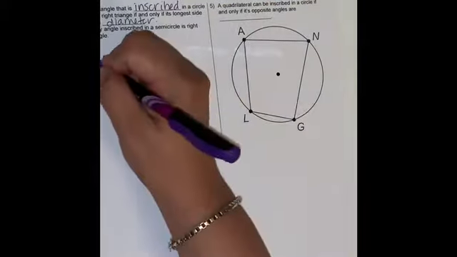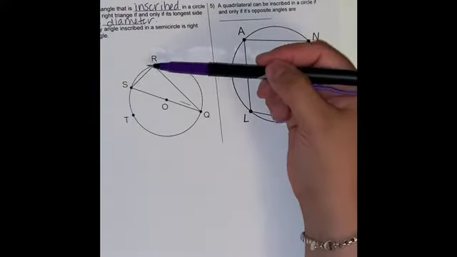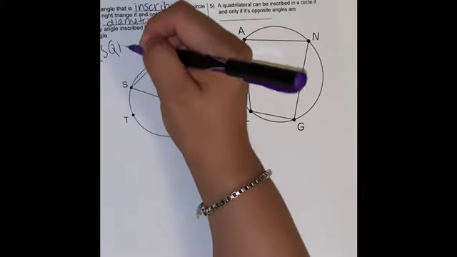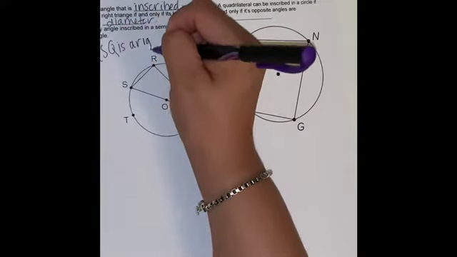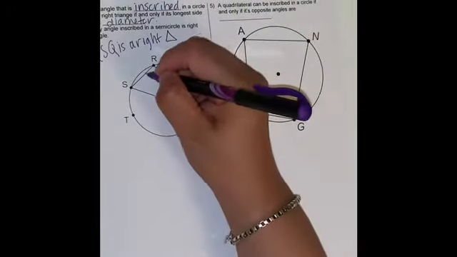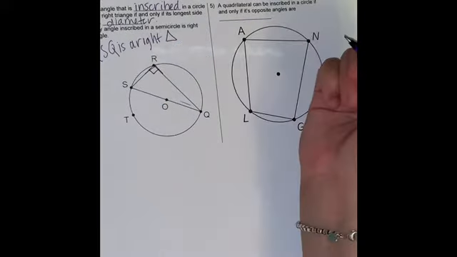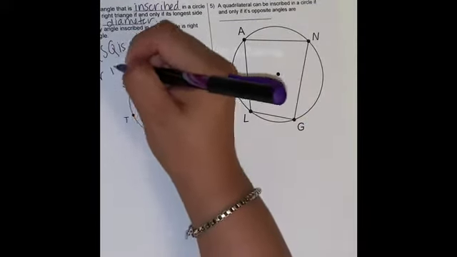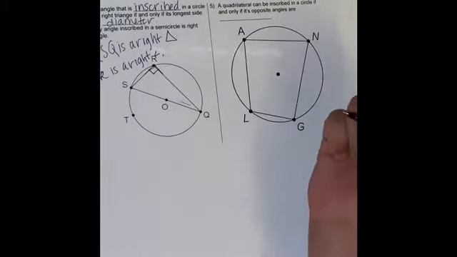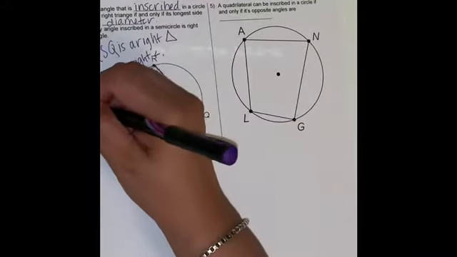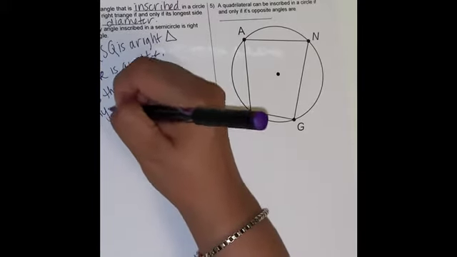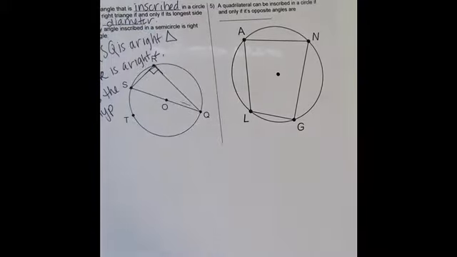So that means triangle RSQ is a right triangle, and angle R right here is a right angle. And this segment ST is the hypotenuse. That's what can be said.